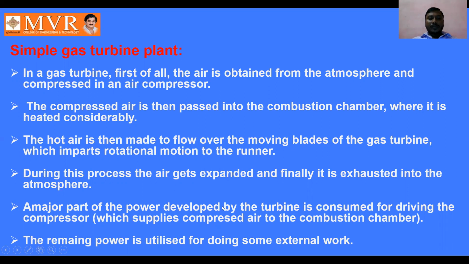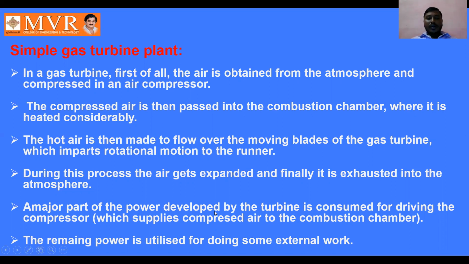A major part of the power developed by the turbine, meaning some work output given by the turbine, is consumed for driving the compressor, which supplies compressed air to the combustion chamber, and the shaft.